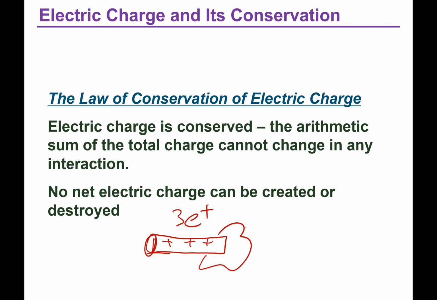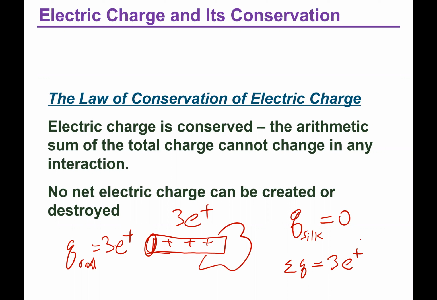That means the charge of the silk, which we use Q for, is 0. The charge of the rod is 3 protons. That means the net charge is the sum of those two, so 3 protons.